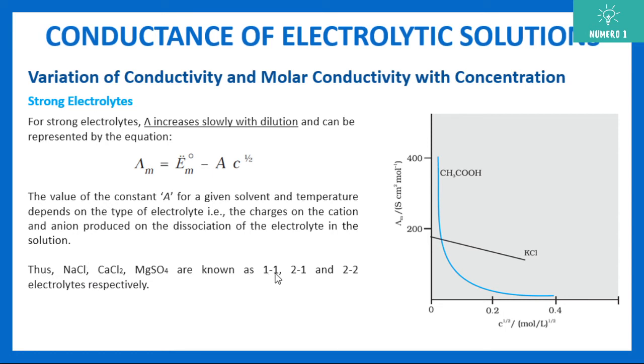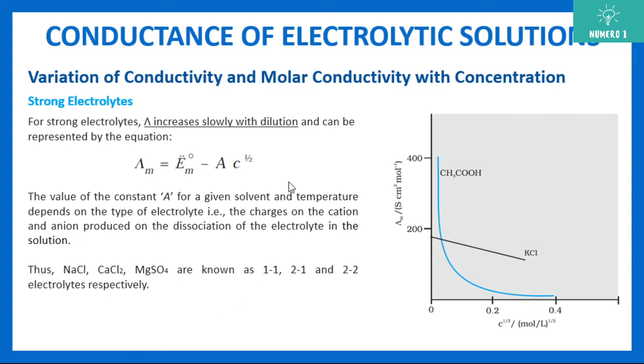CaCl2 has +2 and -1 charge, so a 2-1 electrolyte. MgSO4 is Mg2+ and SO4 2-, so a 2-2 electrolyte. These are the different types of electrolytes. So the value of A depends on how many charges are there on the cation and anion respectively.